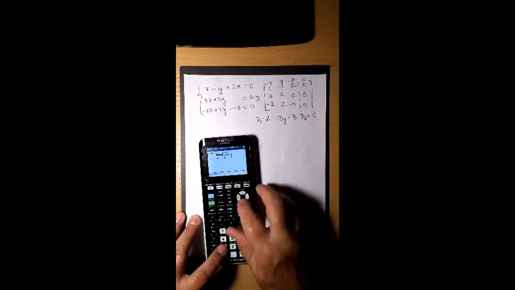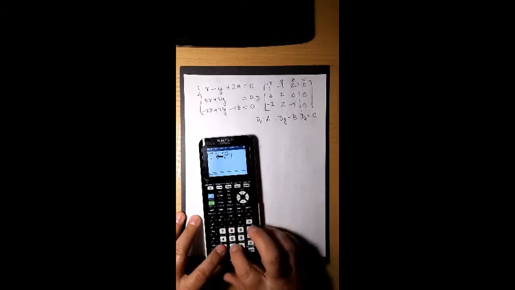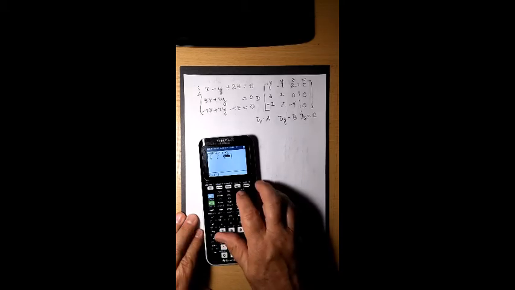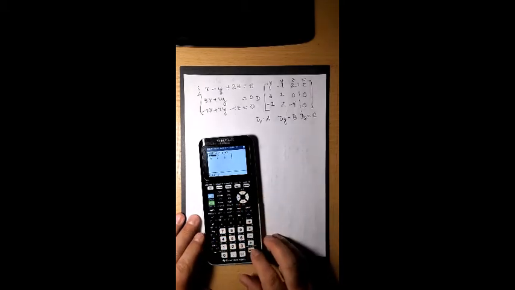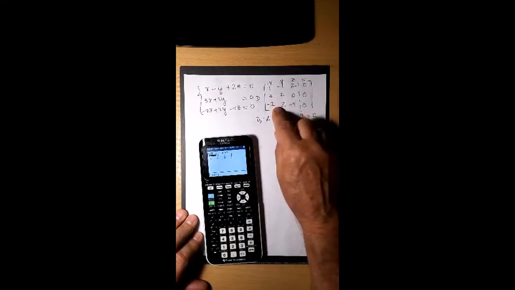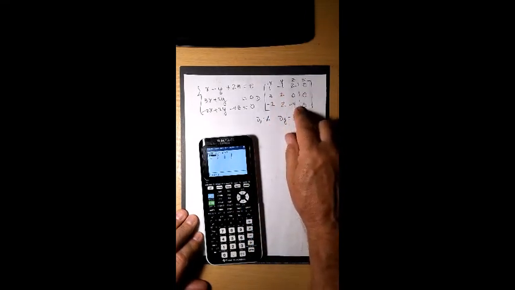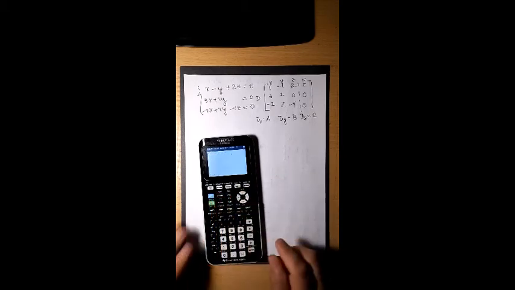Negative 1, 2, 2. And now these are all 0, 0, 0. Better check them to make sure I didn't make any silly mistakes, so I can quit.